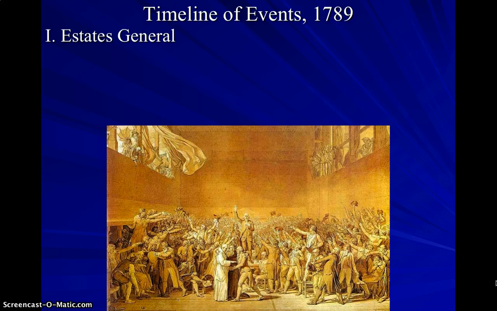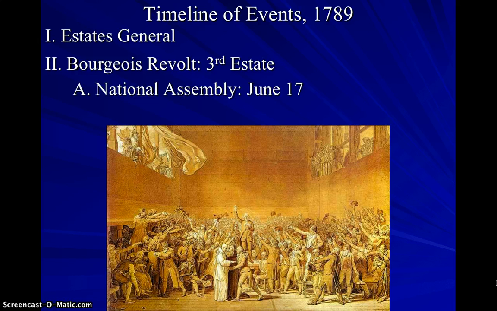What happened, though, is that ultimately, in what we refer to as the bourgeois revolt, the third estate, so this estate that represented everyone, which is led by the middle class. The bourgeoisie here is just simply the term for usually the urban middle class, educated urban middle class. So the bourgeoisie are part of the revolt of the third estate.